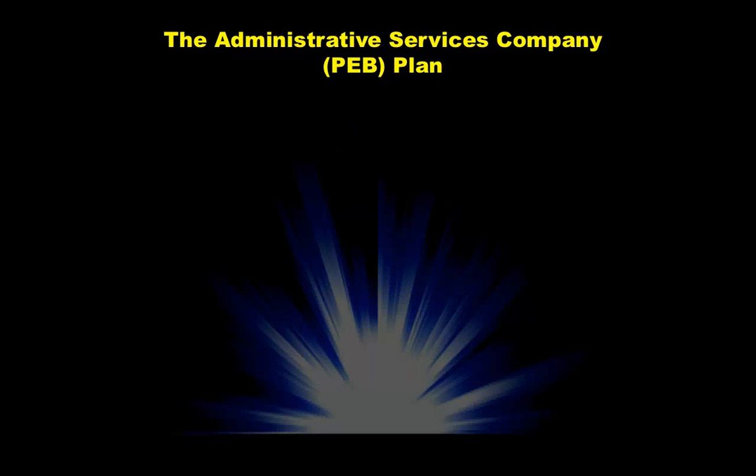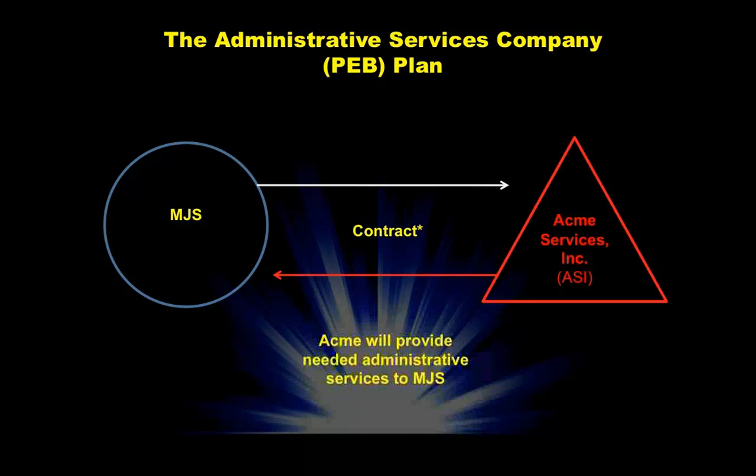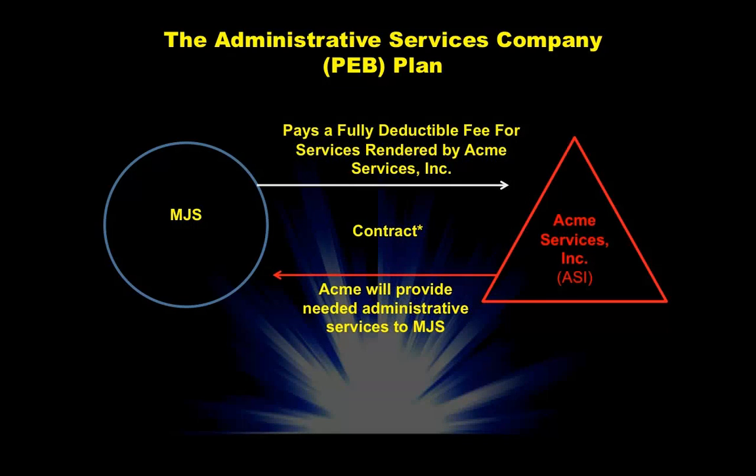Now, the administrative services company, when we put it together with the practice, you can see we have on our left the operating companies, and on our right we have our new administrative services entity. And what we do is we form a contractual relationship. Now, that contract is designed to allow MJS, the operating companies, to take a deductible expense for any services that are rendered by Acme.